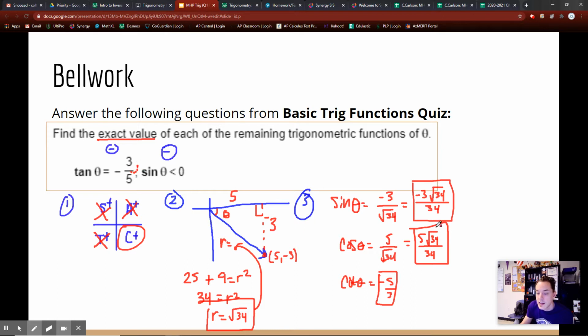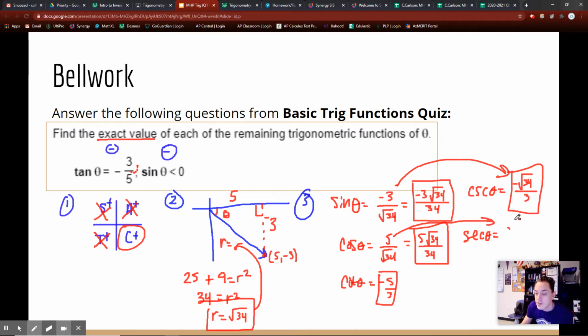And then we can do cosecant theta. I'm going to switch to the unrationalized version, so negative radical 34 all over 3. Still keep the negative. And then secant is still going to be positive, but I switch to the unrationalized version, and so this is radical 34 all over 5.